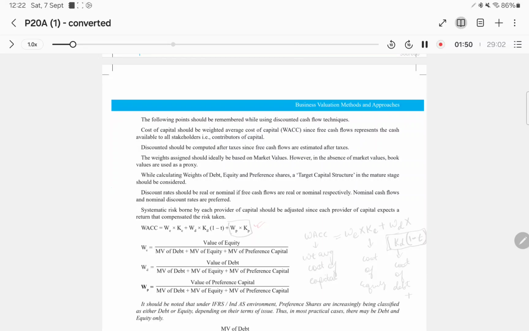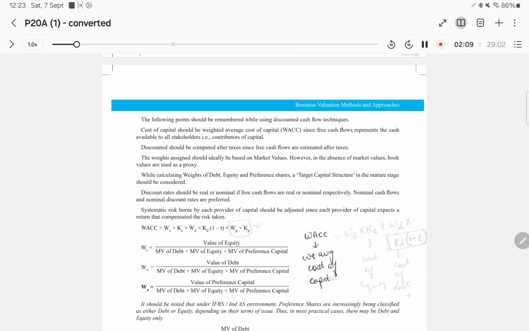Okay, so starting with it, the first thing you must know is what is WACC. So basically WACC is weighted average cost of capital.